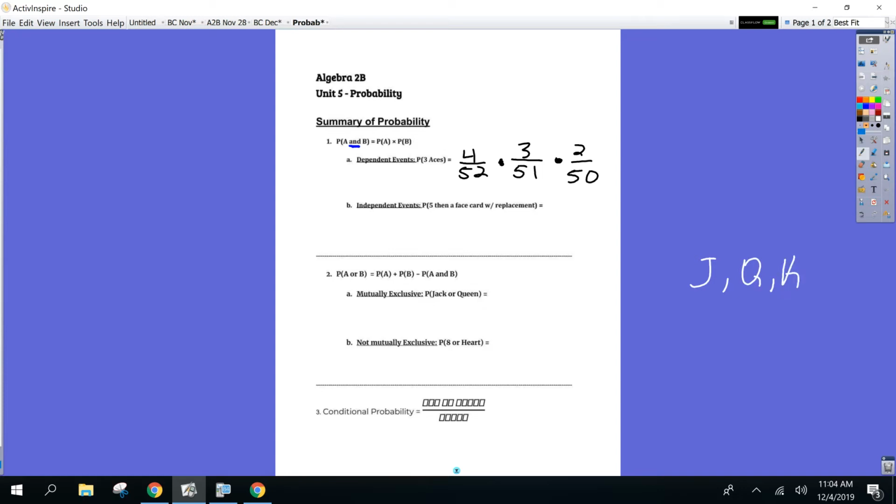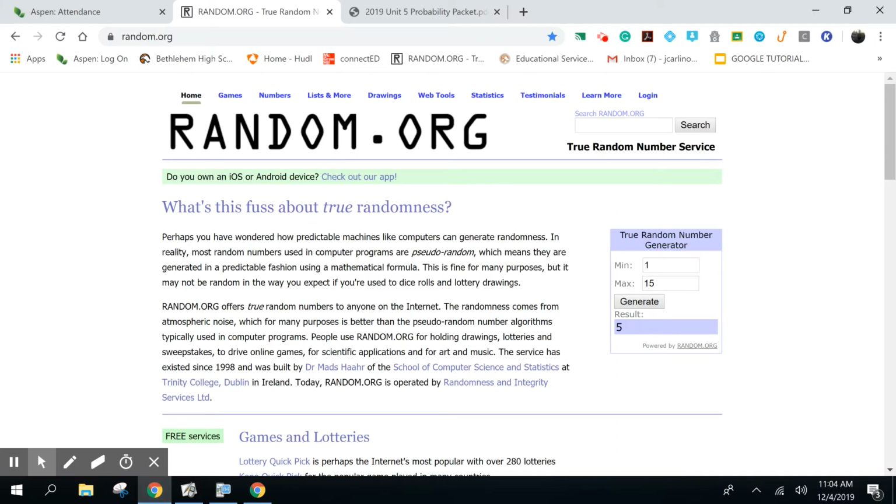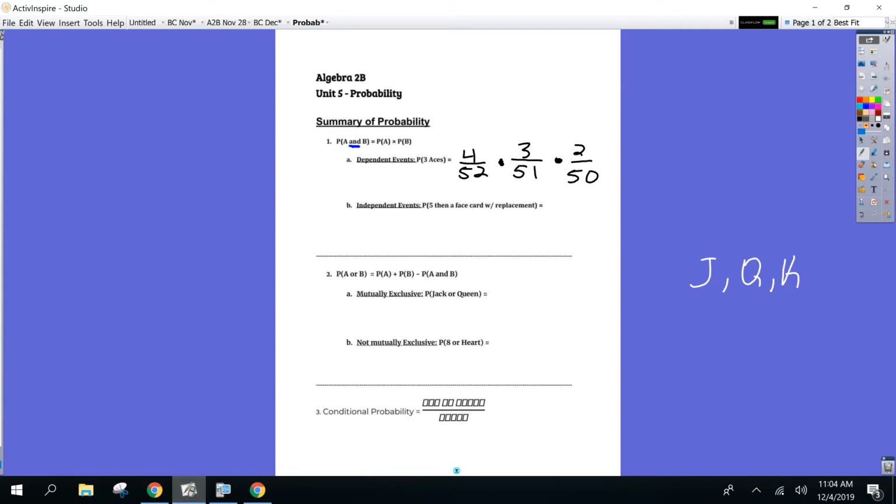So what's the probability I get a 5 out of the deck? 4 out of 52. I put it back in the deck, so there's still 52 cards. And I won't ask anybody this one, but Jack, Queen, King for 4 suits, there's 12 face cards in the deck. And then I find the probability.